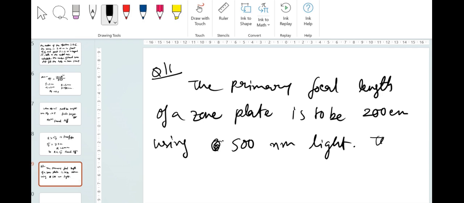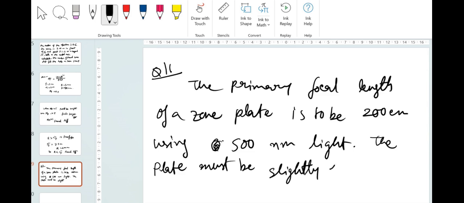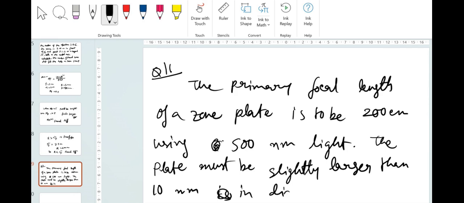The plate must be slightly larger than 10 millimeter in diameter.